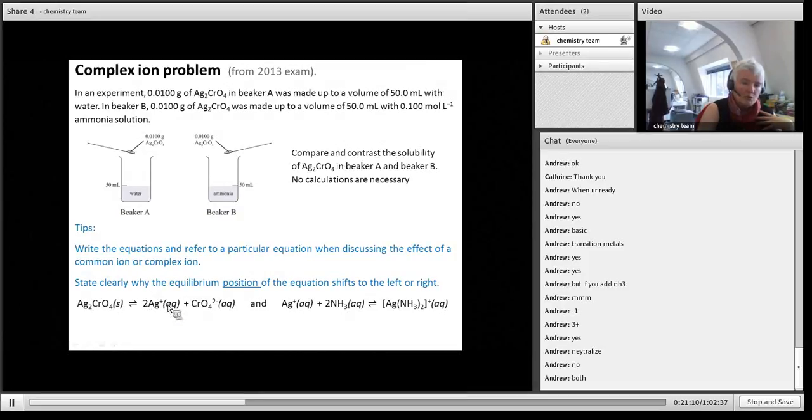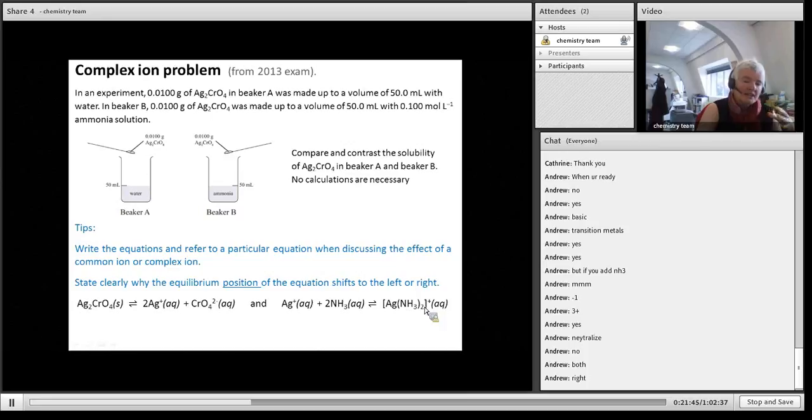If I'm removing silver ions from equation 1, how is the equilibrium position going to shift in equation 1? Is it going to shift to go more to the left, I'm going to form more solid silver chromate, or is it going to shift to the right and I'm going to form more silver ions? It's going to shift to the right because it's got to try and replace those silver ions that I'm constantly removing to form the complex.